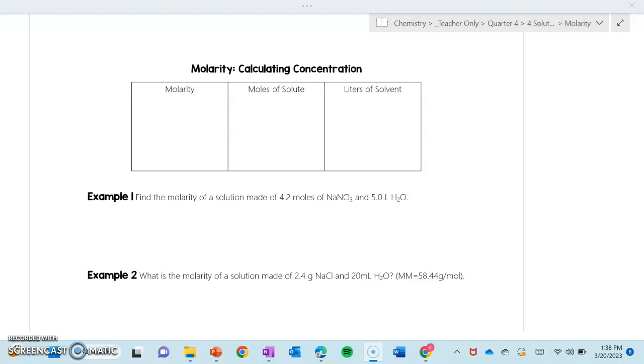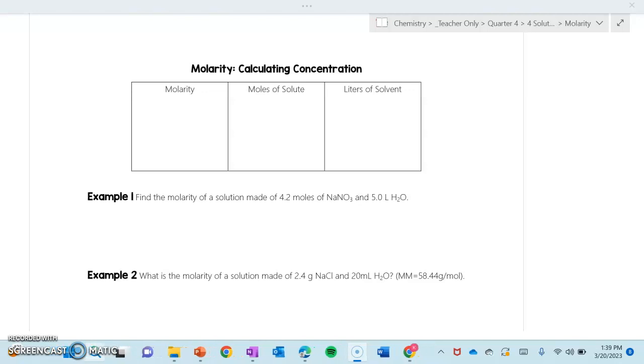Last week we focused on the concept of solubility and concentration, and this week we are going to calculate concentration based on the amount of solute in a solution compared to its amount of solvent, or the liquid.